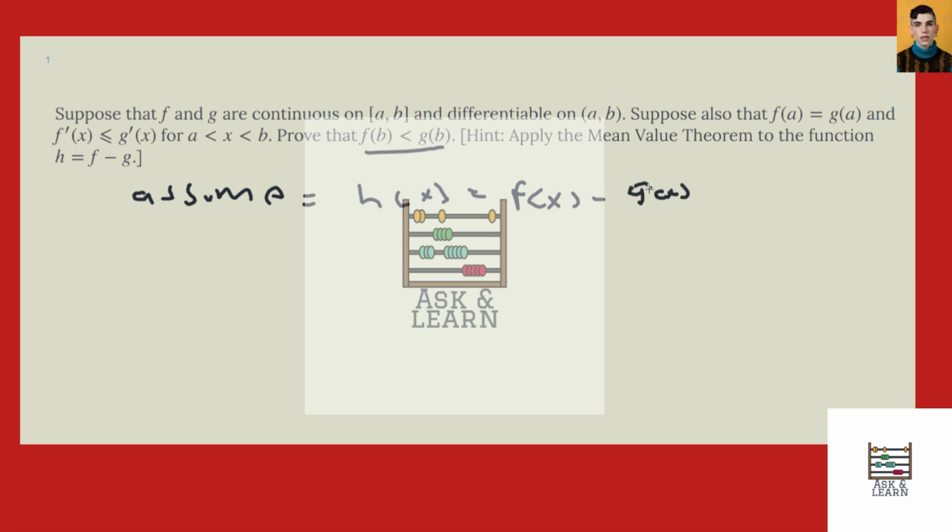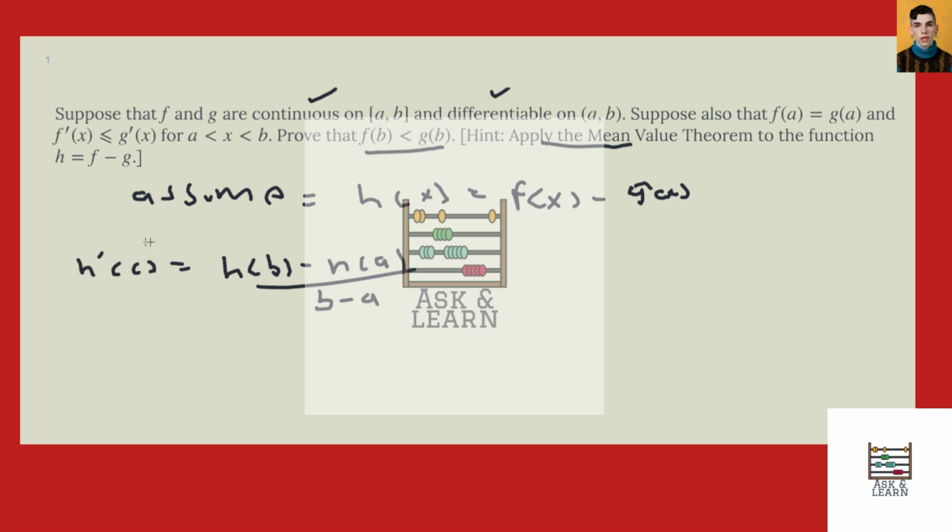Okay, so now since we are already told that these two functions are both continuous and differentiable, we can apply the mean value theorem right away because those are the conditions required for the mean value theorem. So we're going to apply it to h of x. We'll get h prime of c equals h of b minus h of a all over b minus a.